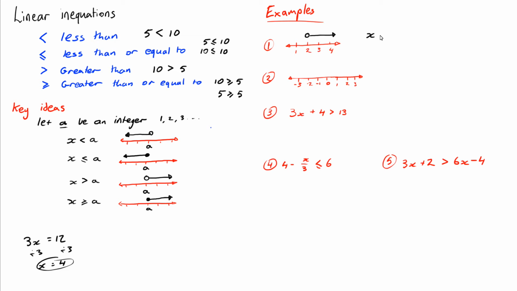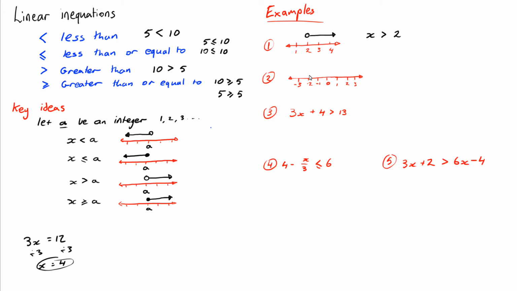We're talking about x, so we'll put x there, and we're saying x is every number greater than 2. The arrow is pointing to the right, and the dot is above 2. So this one here actually says x is going to be greater than 2. It's every number greater than 2. And it's an open circle, so we don't include it. Okay, we just say greater than.